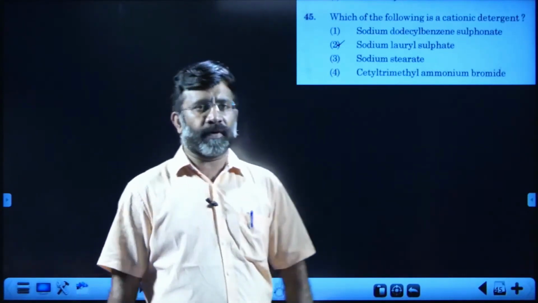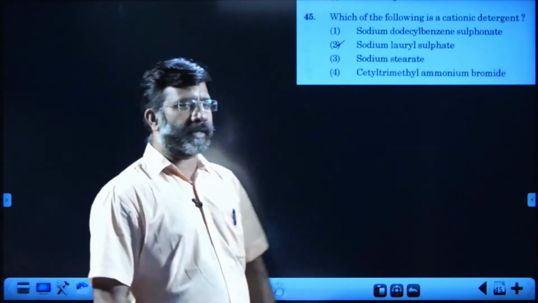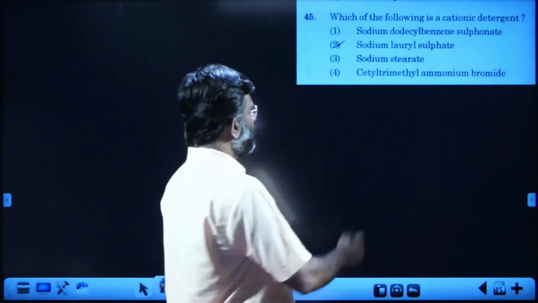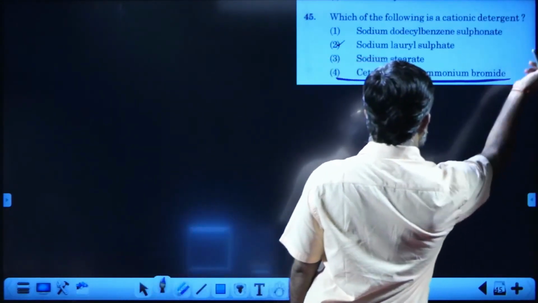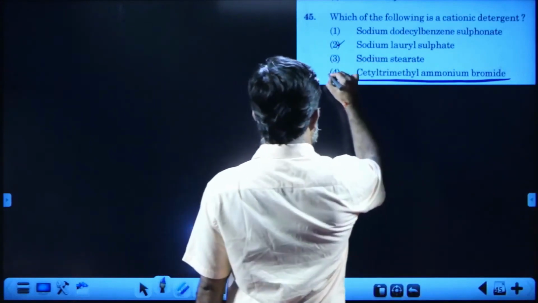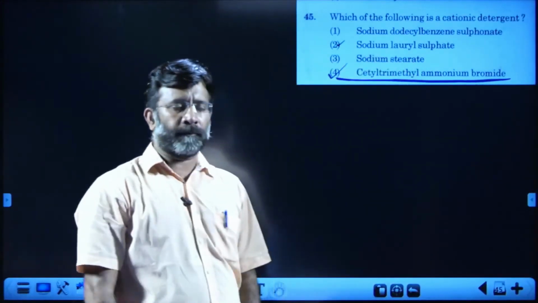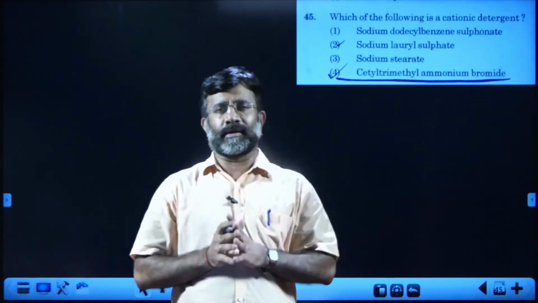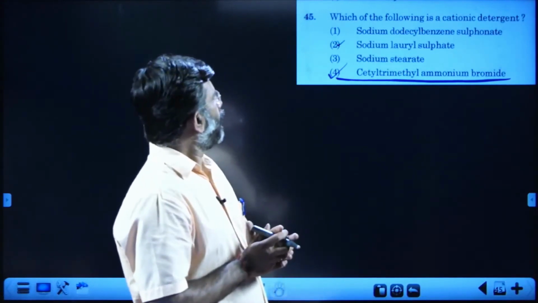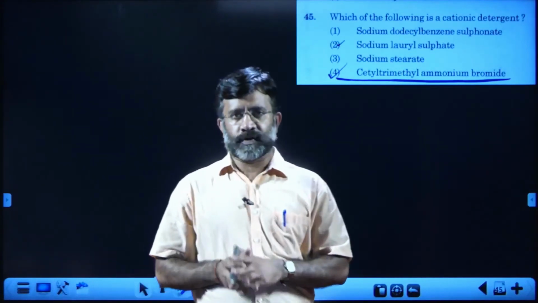Sodium lauryl sulfate, anionic. Sodium stearate, anionic. And the answer is cetyl trimethyl ammonium bromide. Textbook information. It is a cationic detergent, and the fourth choice is the correct answer.